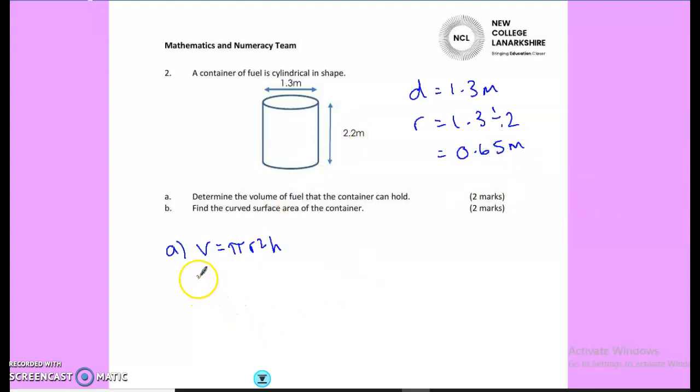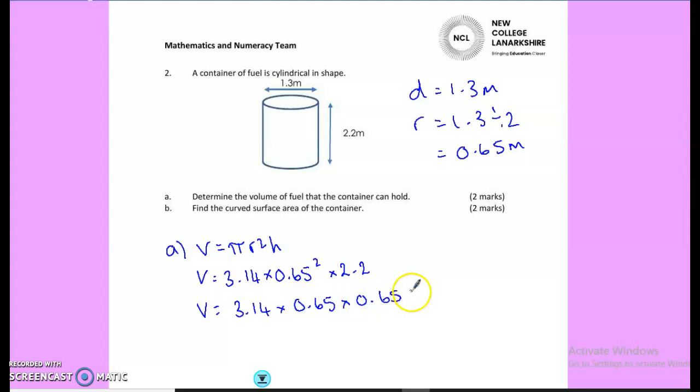The height is 2.2, so we're doing pi, which is 3.14, times the radius, which is 0.65, we need to square that, times the height, which is 2.2. Remember, squaring means multiplying by itself, so I'm doing 0.65 times 0.65 times 2.2.